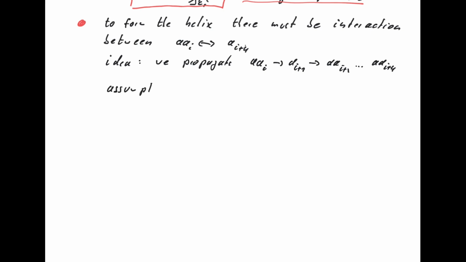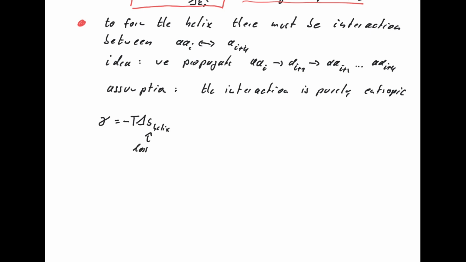Now the assumption that we take is that this interaction is purely entropic, meaning that the interaction energy is equal to minus T delta S helix, which is the loss of entropy, because we have to fix the allowed angles for those 5 amino acids.